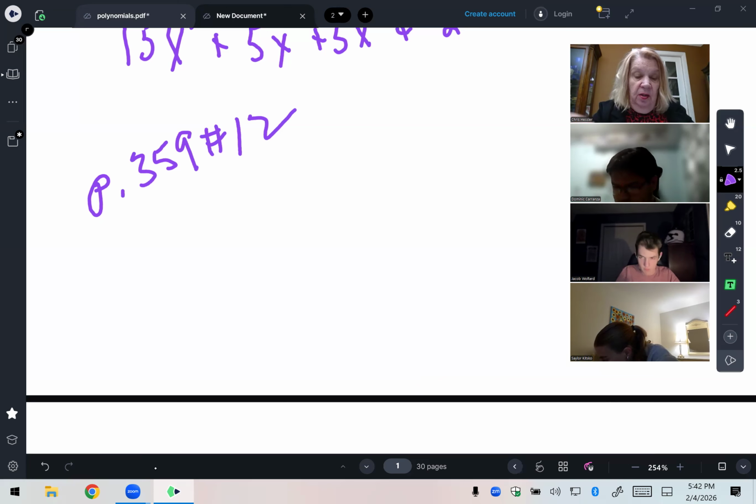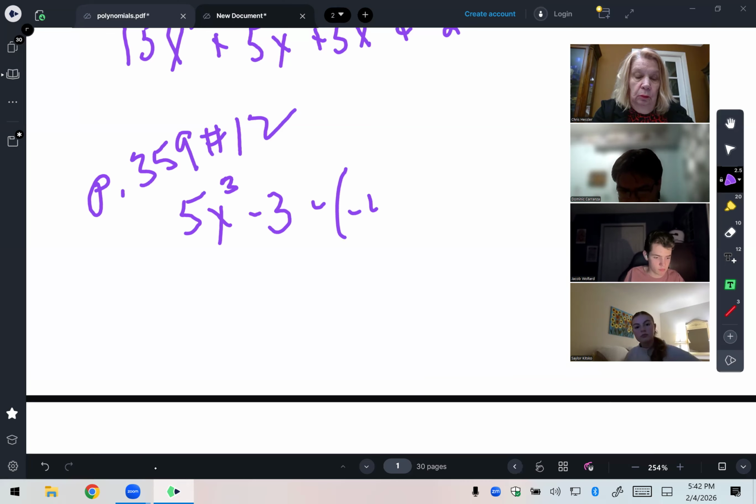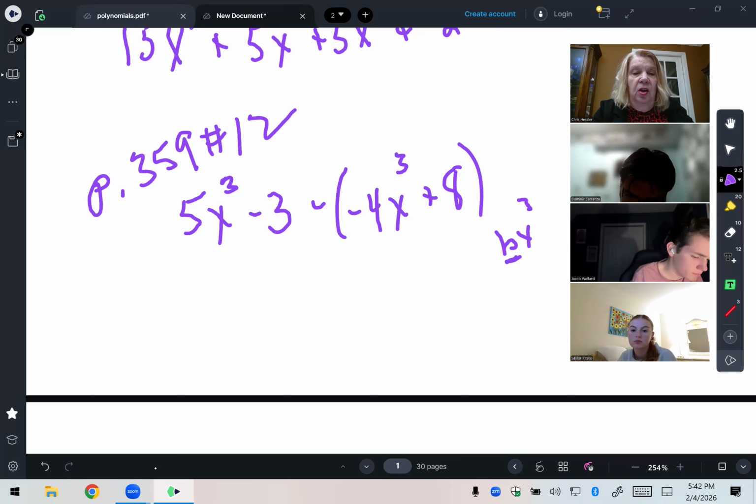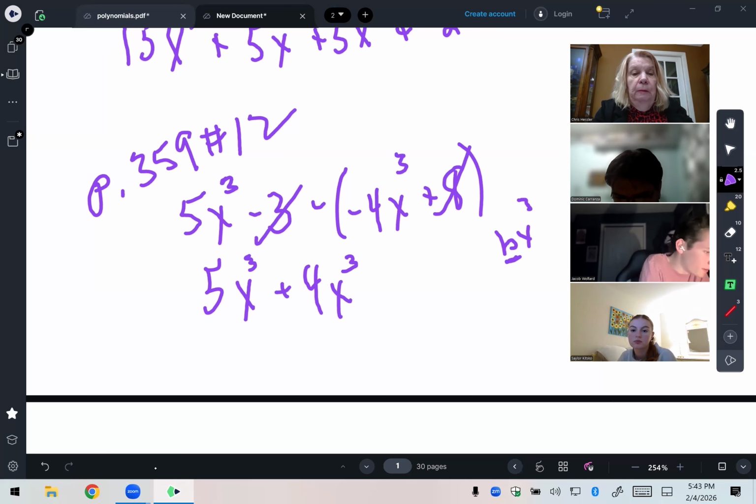Try to beat me to the answer. We're trying to get the number before the x cubed. So basically we have 5x cubed, I'm going to forget the numbers, plus 4x cubed.